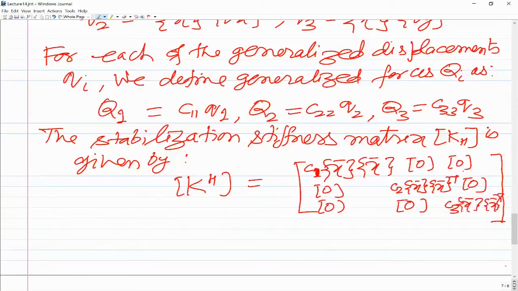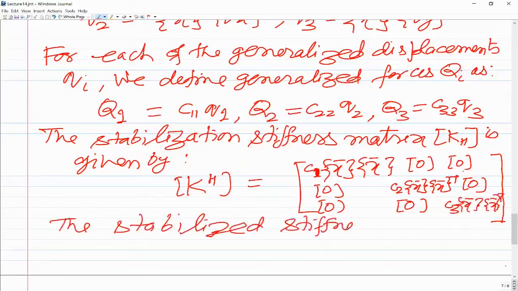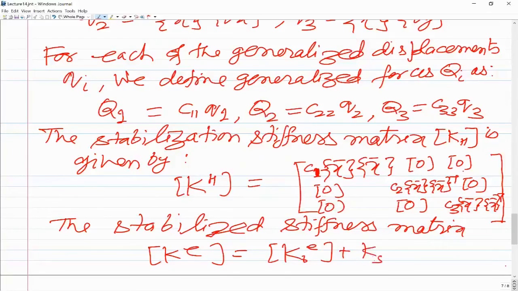So this would be the stabilization matrix. So the stabilized stiffness matrix, let us say ke, is going to be kb for the element plus ks for the element plus kh. If you add this kh, the element will not depict hourglass deformations, so hourglass would be controlled.